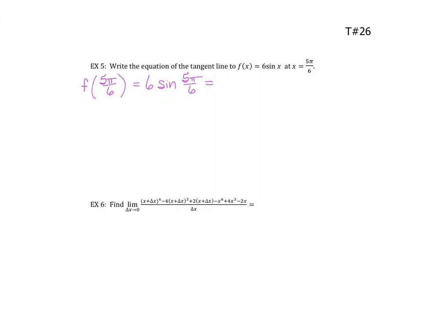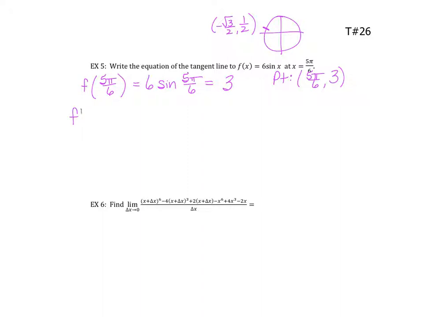I'm going to think of it on the unit circle. So the ordered pair is negative square root of 3 over 2, 1/2. Sine, of course, is the y. So 6 times 1/2 gives me a value of 3. So my point is 5 pi over 6, comma 3.